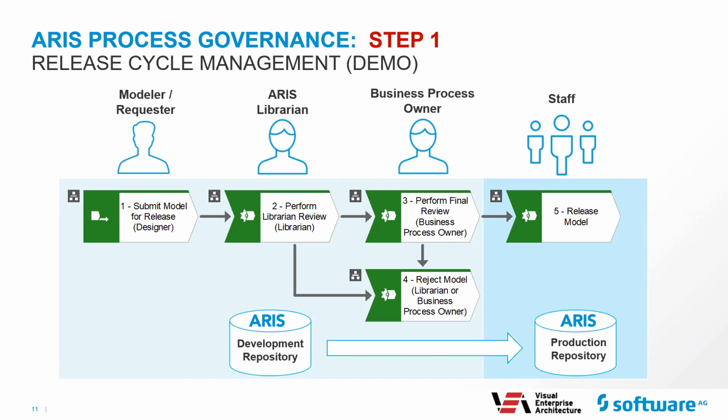We perform the librarian review. We perform a final review based on the business process owner, and we release the model. And there are two places we can reject the model: either the librarian can reject it or the business process owner. And if you notice, you have the development library and the production library.